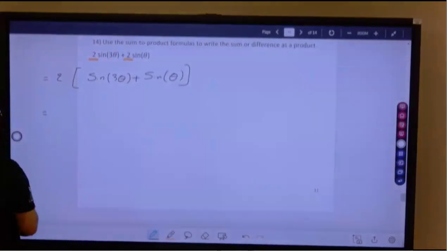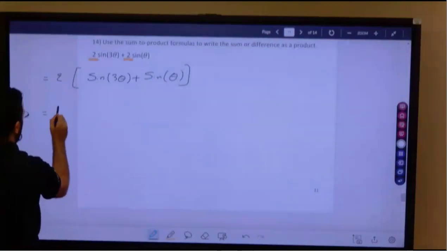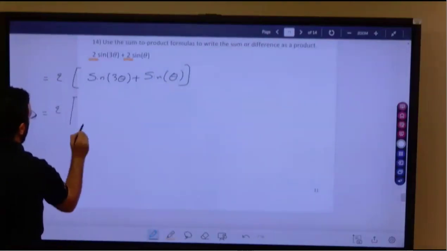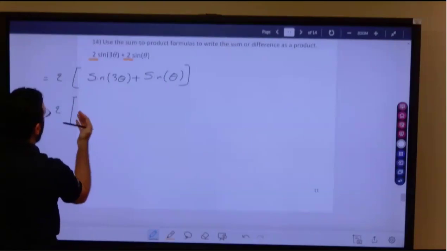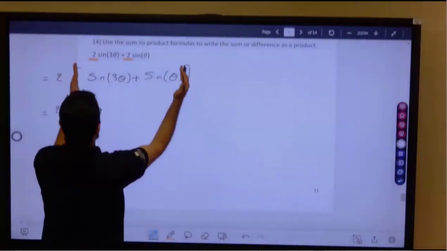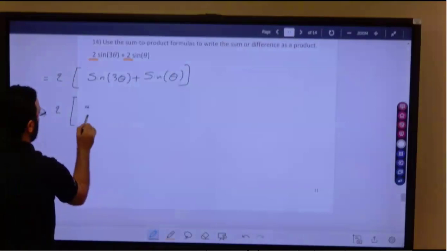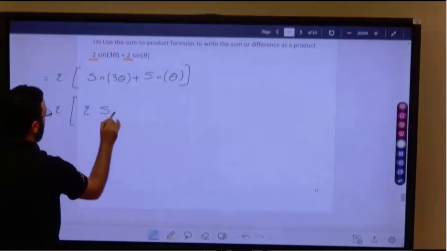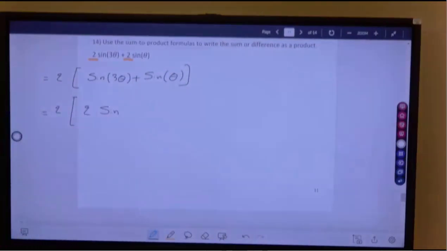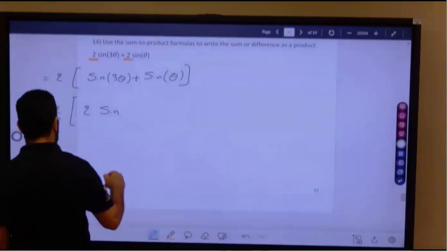Now to use the sum to product formula, don't worry about this 2. Here's open parentheses. There is another 2 with the formula. I'm going to use the formula only on this part. It's going to be 2 sine u plus v divided by 2, and cosine u minus v divided by 2.